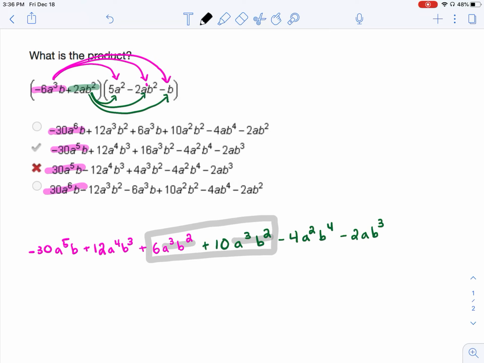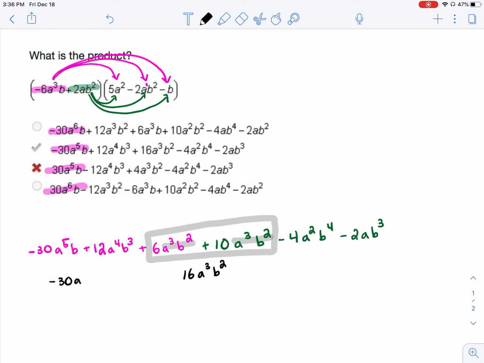So this would be 16a cubed b to the second power. And then the other ones don't match up. You might think, oh, 4, 3, a to the fourth, b cubed, and none of these really match up, so I'm just going to rewrite them.